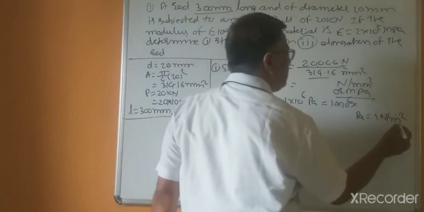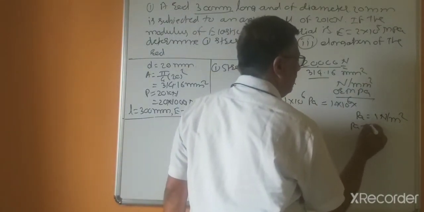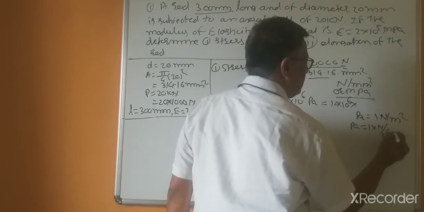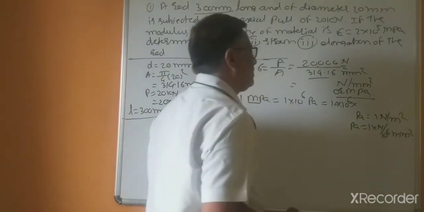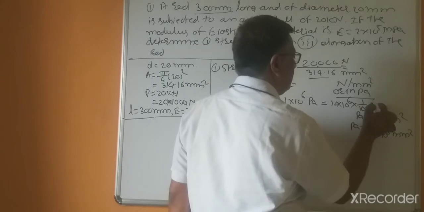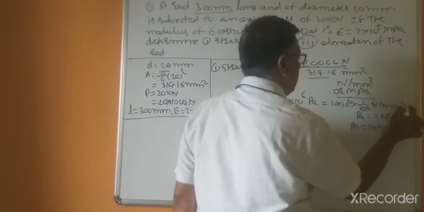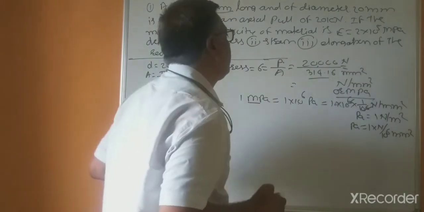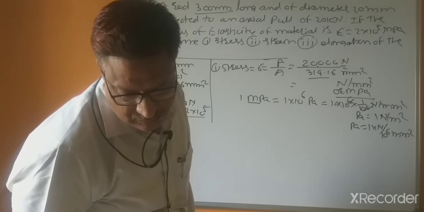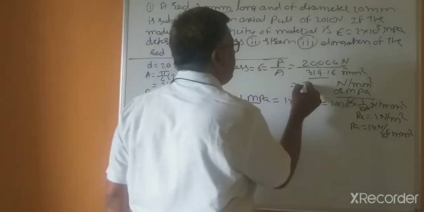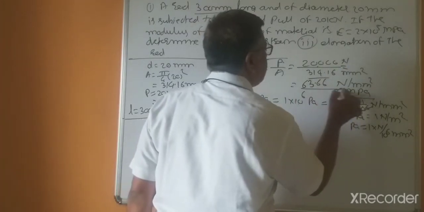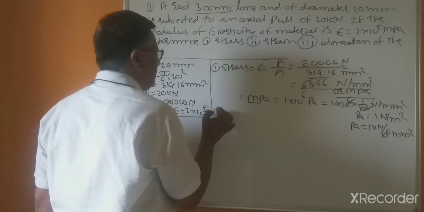So this meter squares means, Pascal equal to 1 Newton, same, so we can write this is mm squares. So that's why here it is divided by 10 to the power 6, and this is Newton per mm squares. So this will get cancelled. What is your answer? 63.66 Newton per mm squares. And this is your first answer.